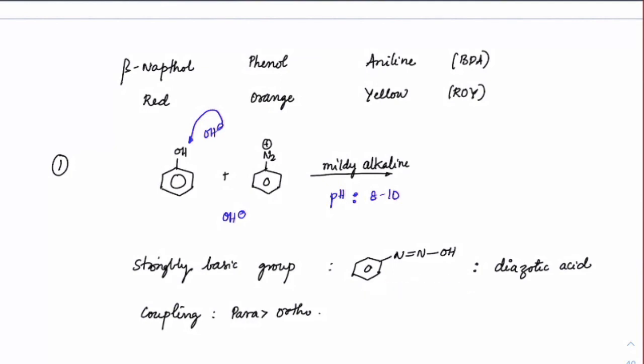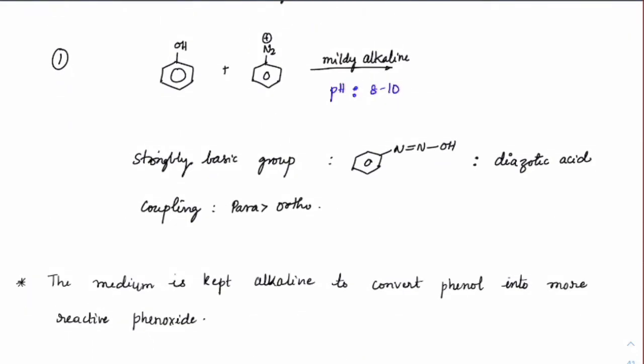That's why strongly basic conditions have to be avoided. Strongly acidic conditions also need to be avoided so that we do not hamper the nucleophilic nature of phenol. So mildly alkaline is most favorable. Now, while coupling, para is usually more favored than ortho because of steric factors.